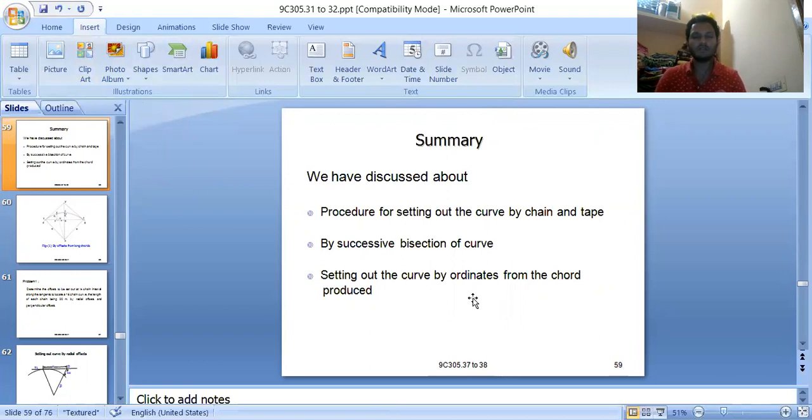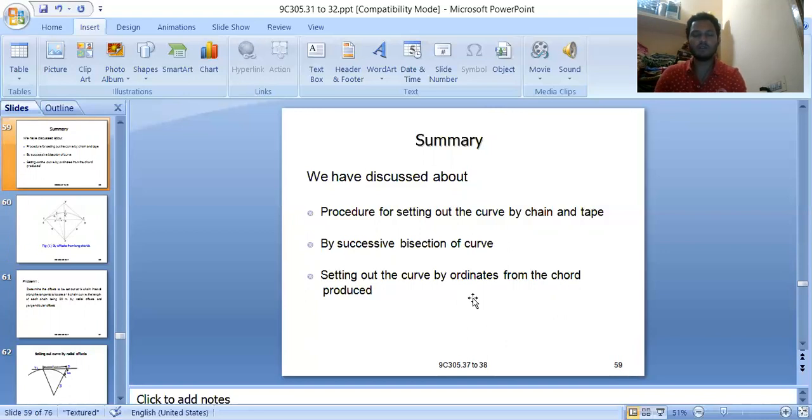So all these methods we have discussed and derived the formulas for offsets from long chord and offsets from tangents. We have again two different methods: radial offset method and perpendicular offset method. For all these things we have derived formulas. I hope all these things are clear till now.